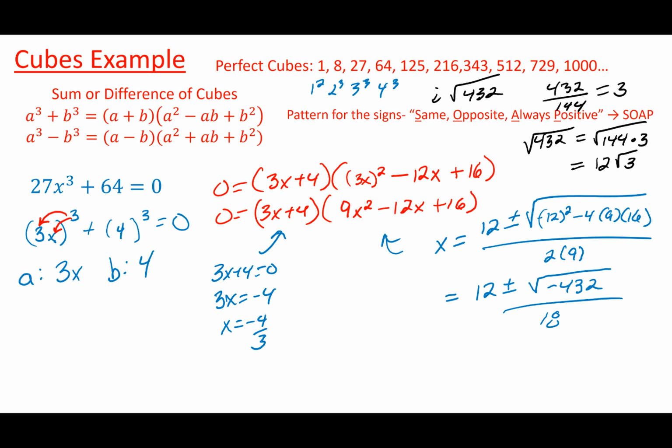All right, if I gave you more time, you could come up with that. Even with these big numbers, we only test the perfect squares. Keep going. 144 was 12 squared, but we can keep going to get to that point. So filling back into my quadratic formula here, I have 12 plus or minus 12i root 3, don't forget the i, all over 18.